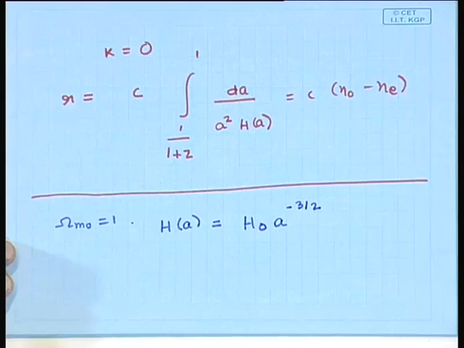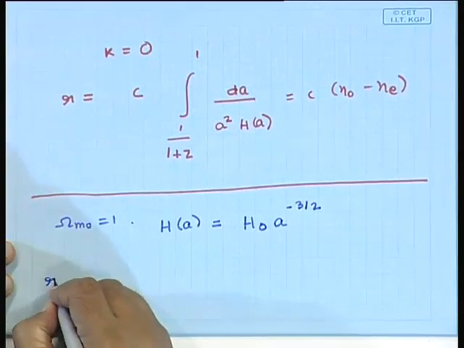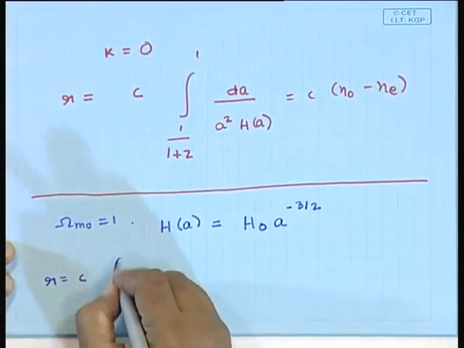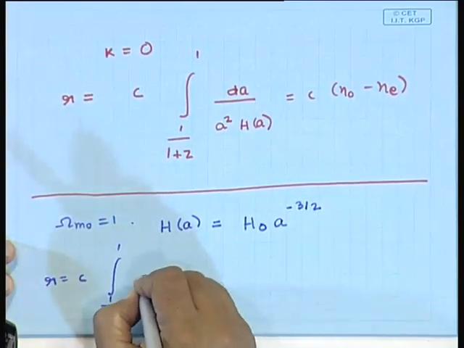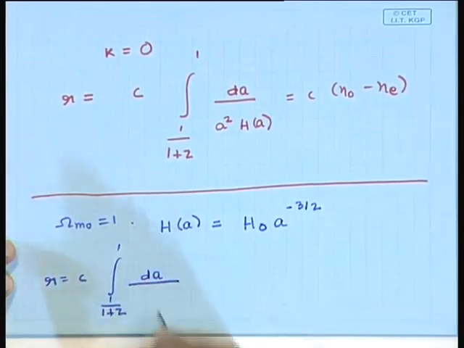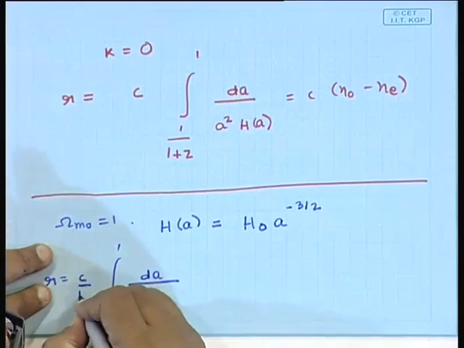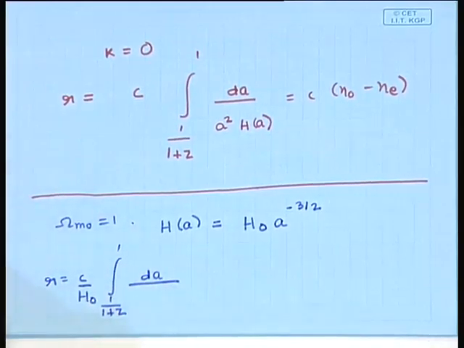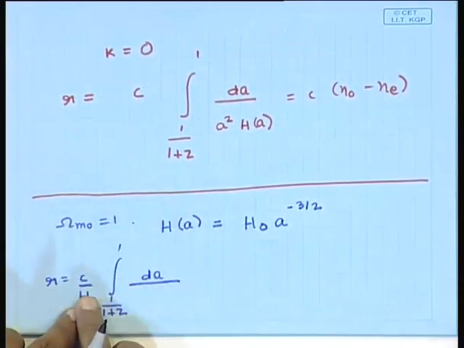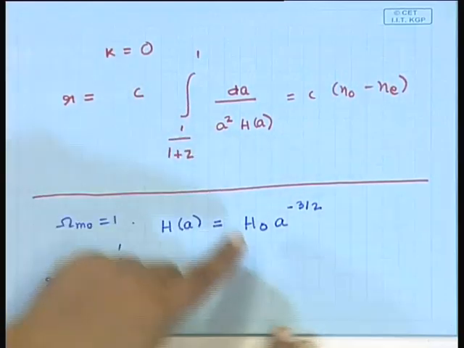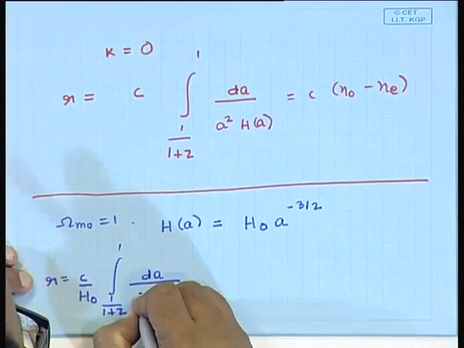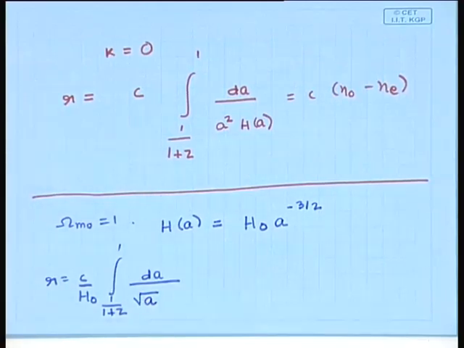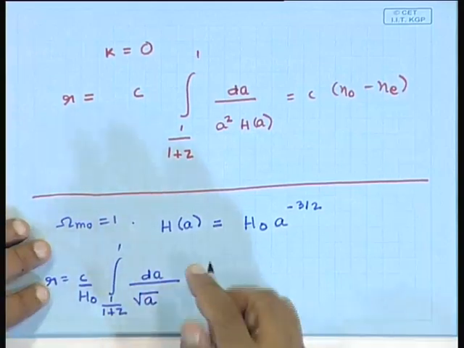Okay. So, what we are led to is r is equal to c times the integral from 1 by 1 plus z to 1 of dA, and c by H naught over here, right, this 1 by H naught comes over here, and here I already have A squared and now I have A to the power minus 3 by 2. So, this gives me a factor of square root of A. Okay. And I can do this integral.